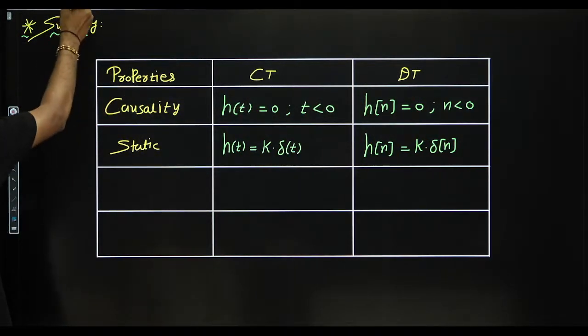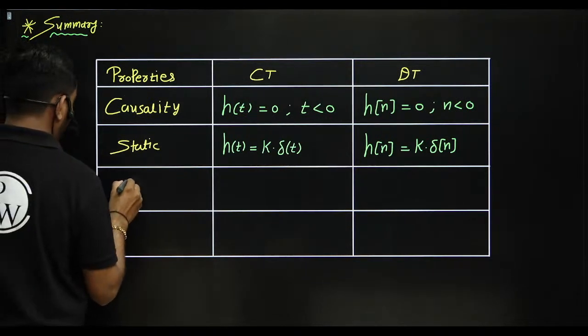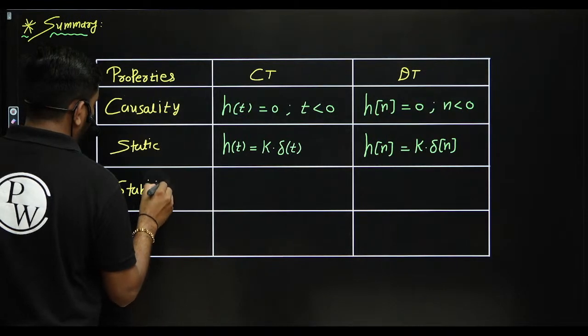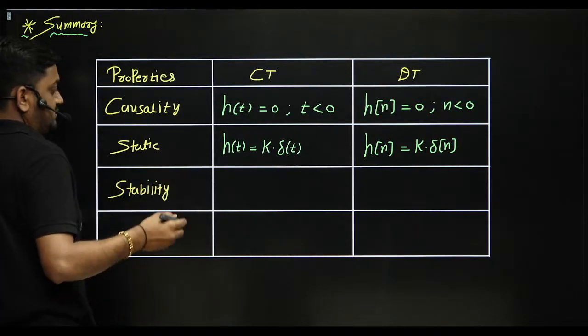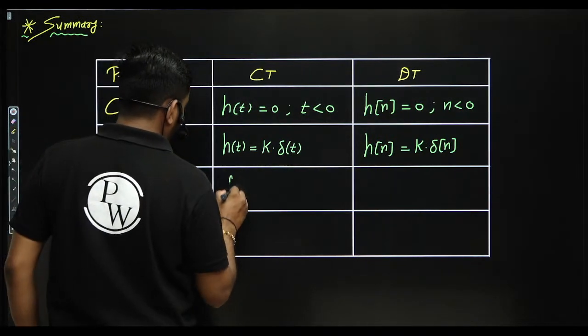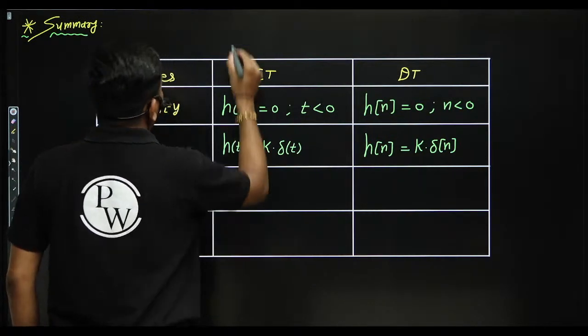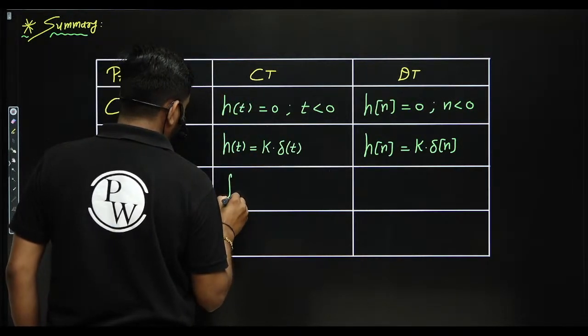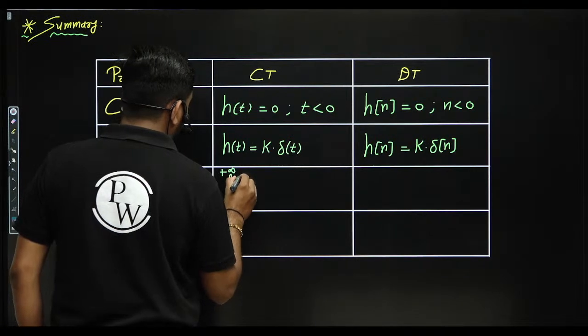Fine. And next is stability, which we have seen just today, guys. An LTI system is said to be stable if its impulse response is absolutely integrable. If you take the modulus and then integrate, it is known as absolutely integrable.